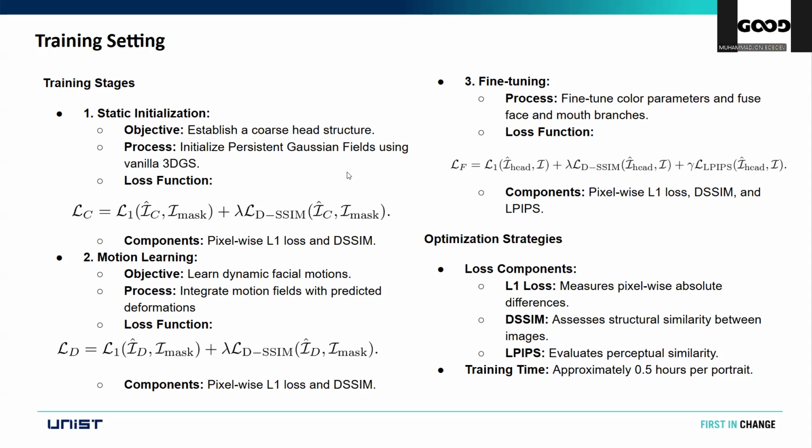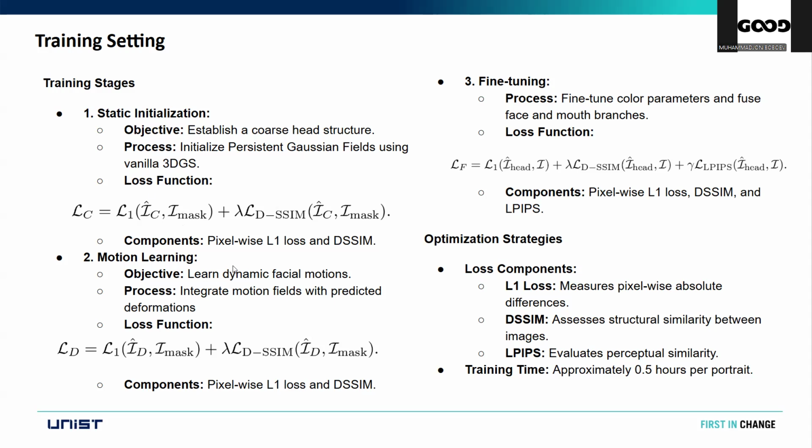To establish that initial static head structure, they initialize the persistent Gaussian field using vanilla 3D Gaussian splatting. This is the function. In order to have this static initialization, they calculate the pixel-wise L1 loss and the structural similarity between the reconstructed image and the ground truth image.